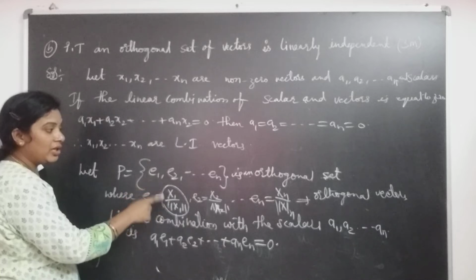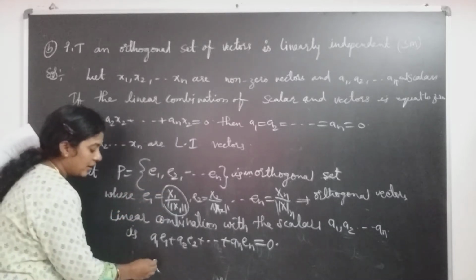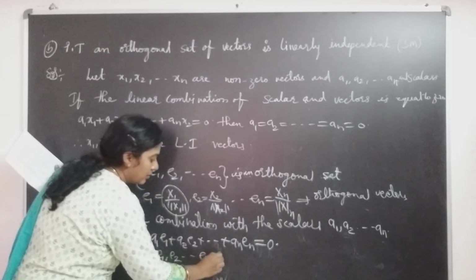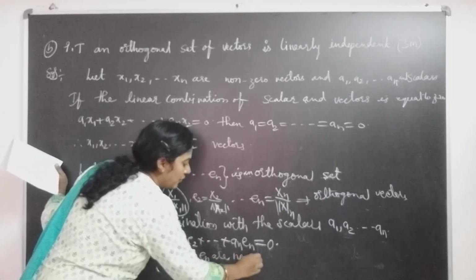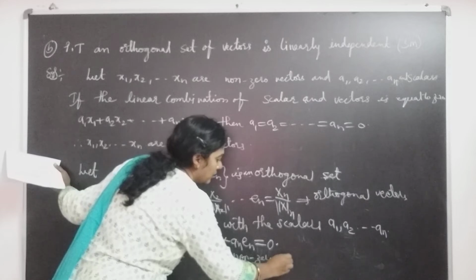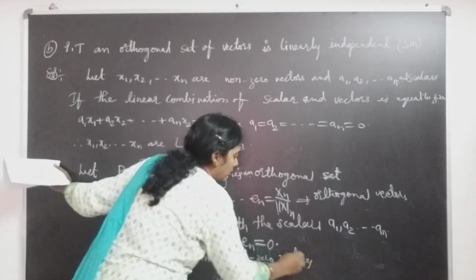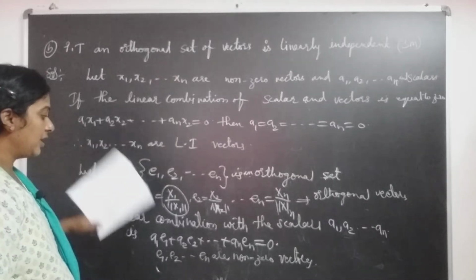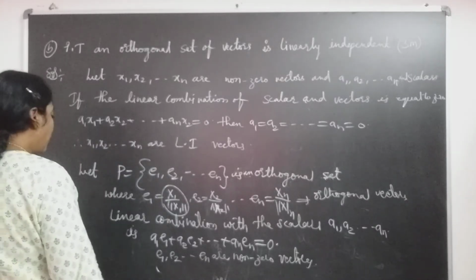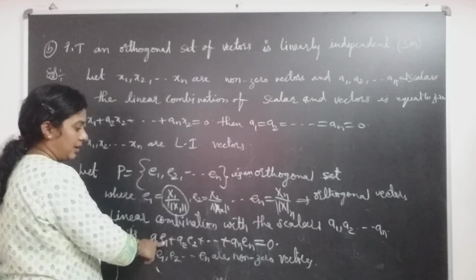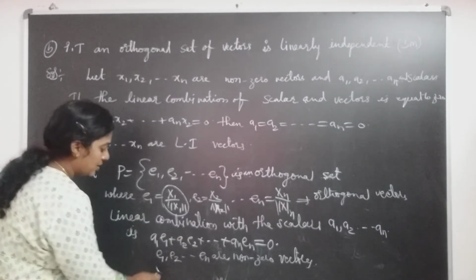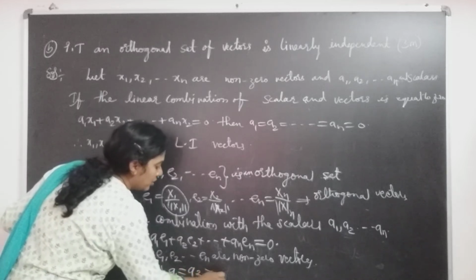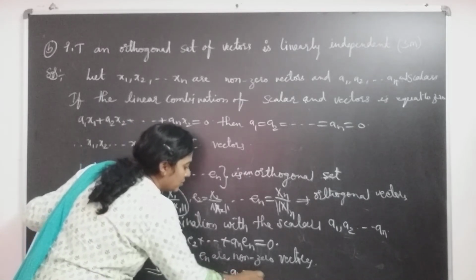Here e1, e2, so on en are non-zero vectors. In the linear combination, since no vector is a zero vector, the scalars compulsorily should be equal to 0: a1, a2, so on an equal to 0.